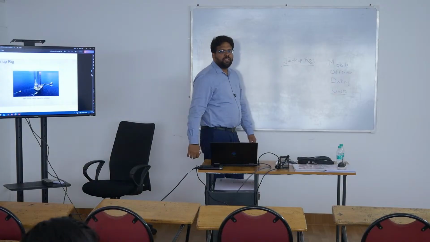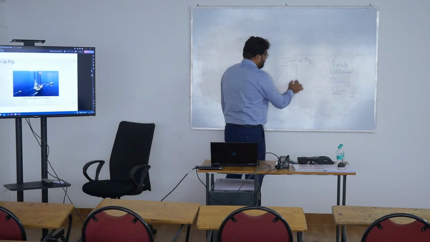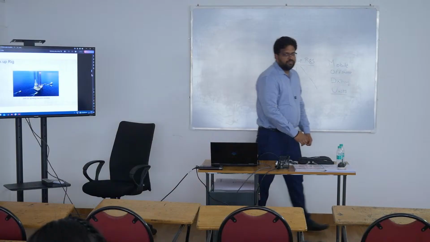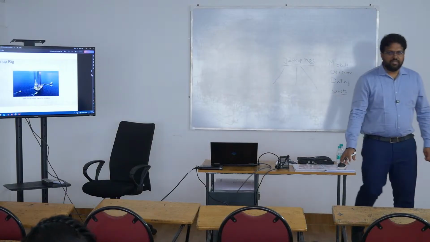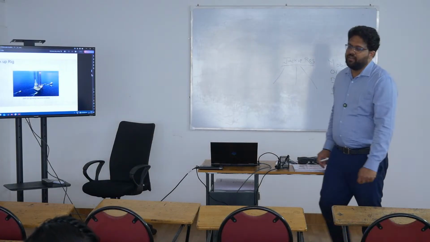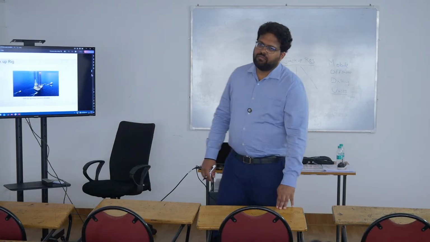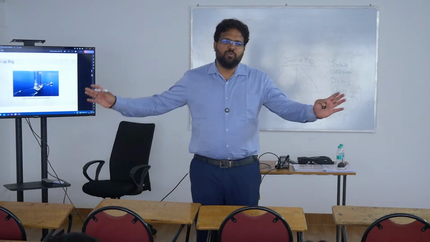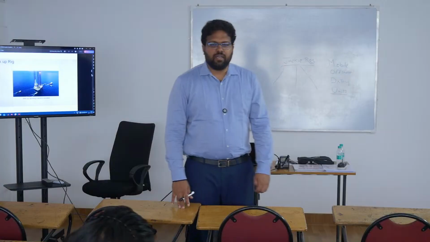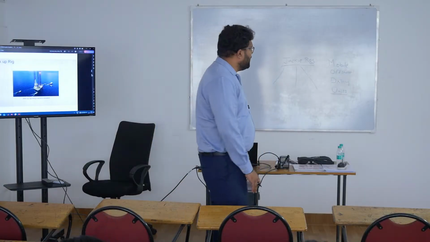So there are many companies that have jackup rigs in India. For example, there is Aban Offshore, there is Foresight Drilling, Great Ship. Like that, there are about 18 to 20 companies in India operating in this sector.